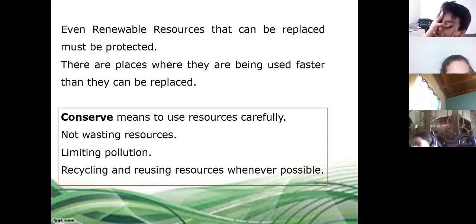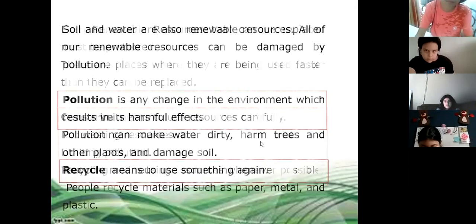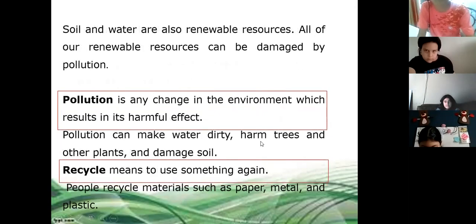That is conserve. To use resources carefully. You're going to recycle and reuse something. So in this way, you are taking care, you are conserving the environment and you're conserving those things. You're not going to be wasting. You're not going to be contributing to the pollution because you recycle and reuse. That is conserve.